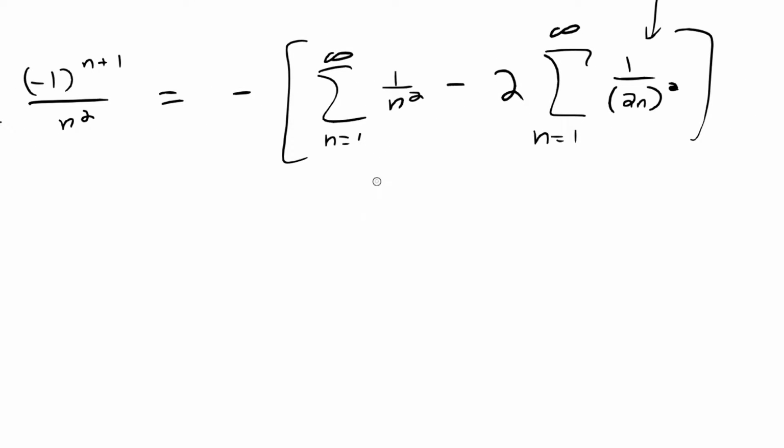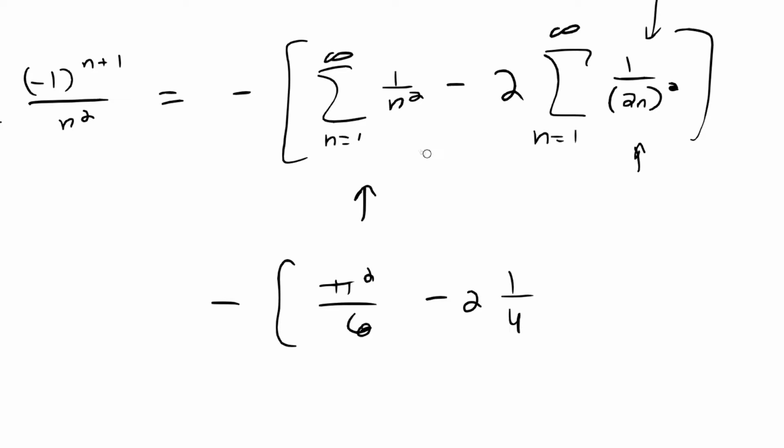Now we'll start plugging in what we know. We know this is equal to pi squared over 6. So this is pi squared over 6 minus, and we'll take out the 2's from the denominator, so this is going to be 2 times 1 over 4, and then we're left with just this thing again: 2 times 1 over 4 times pi squared over 6.